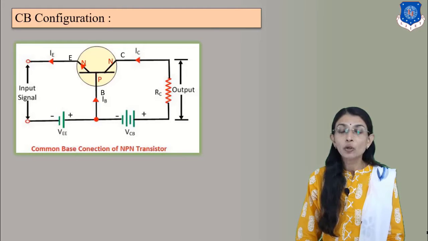And if base is common, then the remaining two terminals, emitter and collector, will be input and output respectively. So we can understand that emitter is the input terminal, collector is the output terminal and the base terminal is common. So we will have two loops, input circuit loop and output circuit loop.